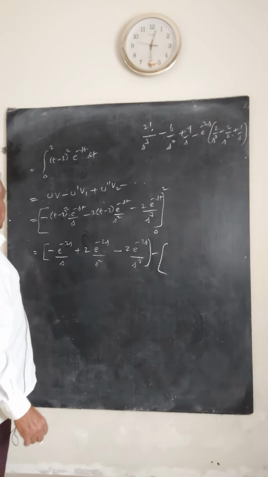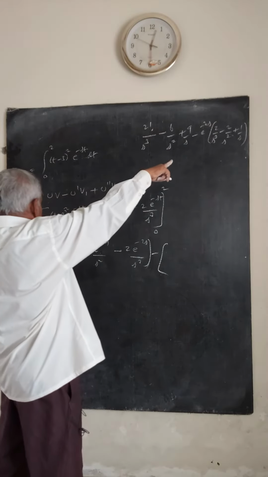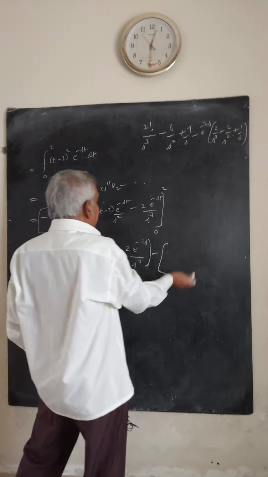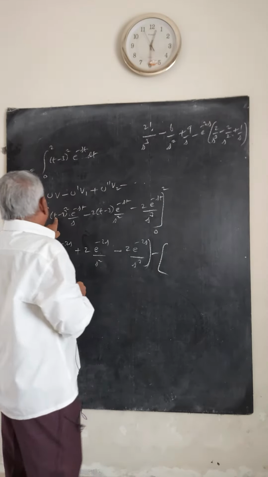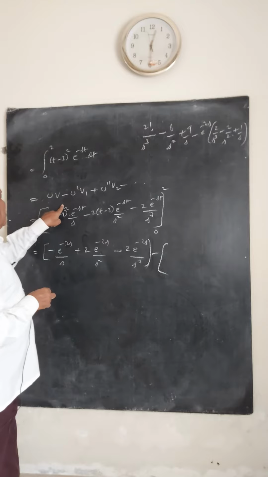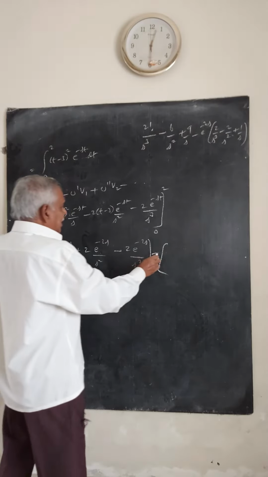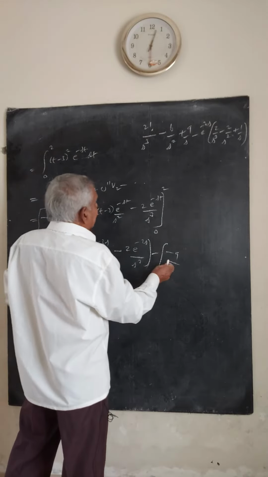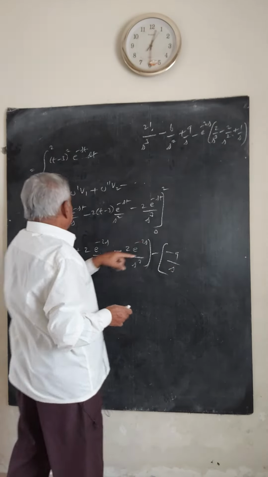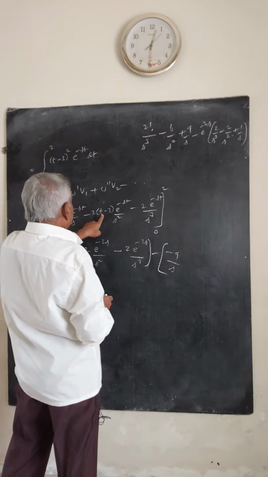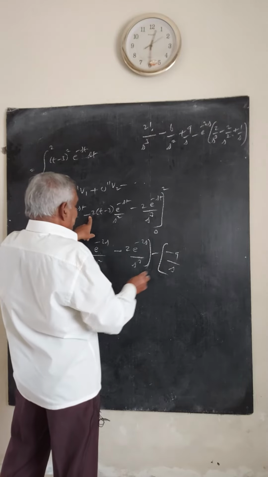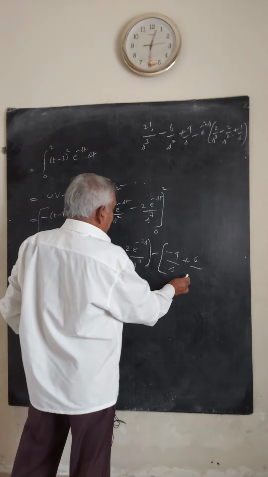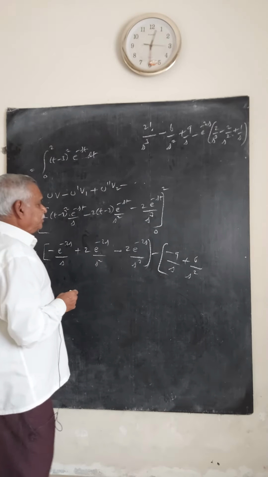See, that same expression comes here in the bracket. Now the lower limit 0. If we give 0, minus 3 squared is 9, and the minus is there, so minus 9, e power 0 is 1, by s. Again, putting 0, minus 3 is there, so plus 6, e power 0 is 1, by s square.